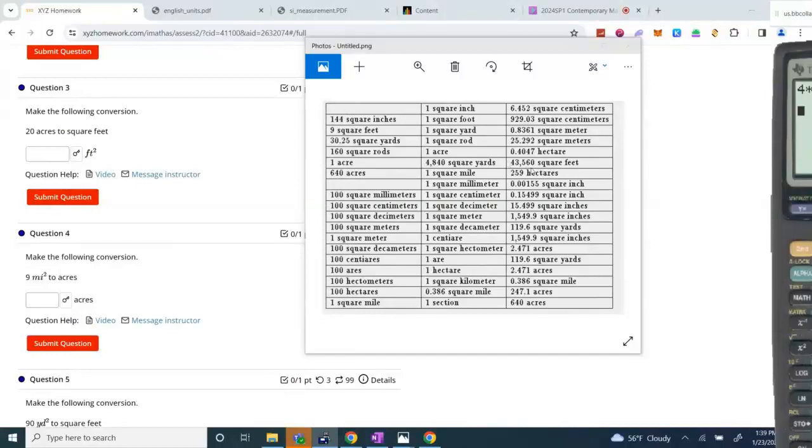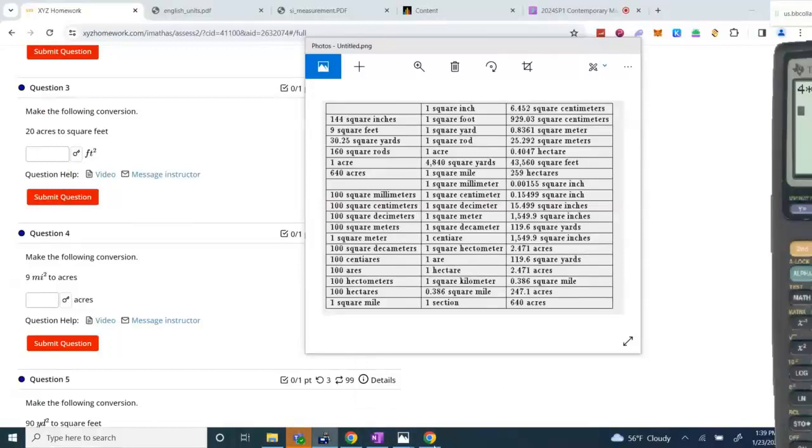So since we're using square feet, we're going to use this conversion. 1 acre is 43,560 square feet. So 1 acre, 43,560 square feet.